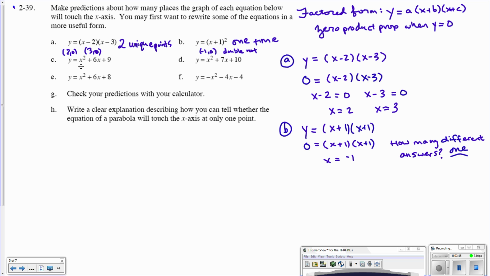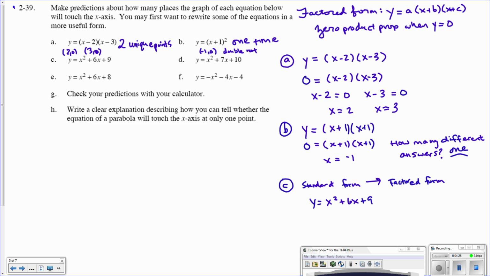Okay, when we look at letter C, right now we're in standard form, and we need to go from standard form to factored form. So when we take y equals x squared plus 6x plus 9, you'll notice this one is a perfect square trinomial.